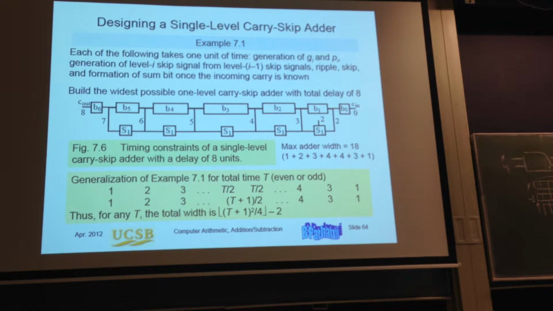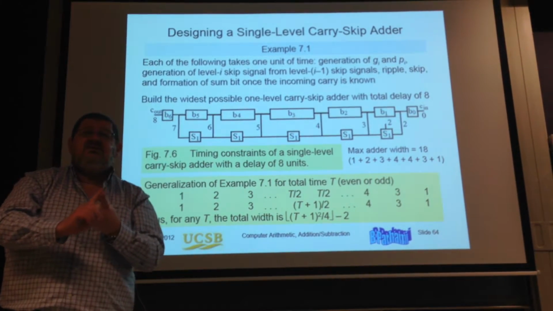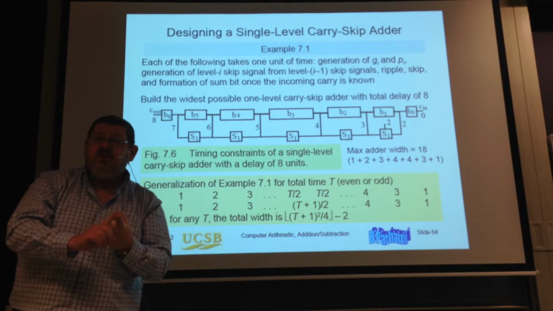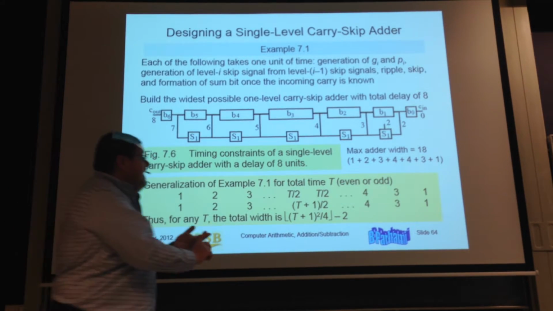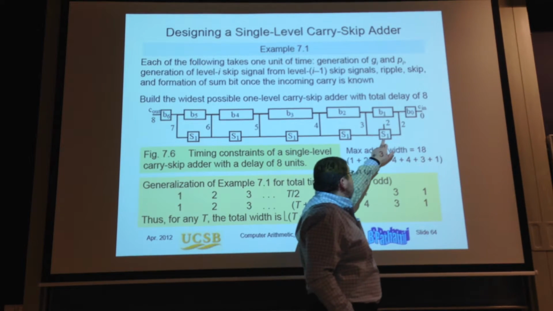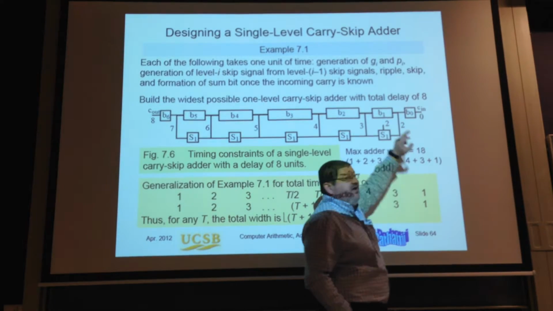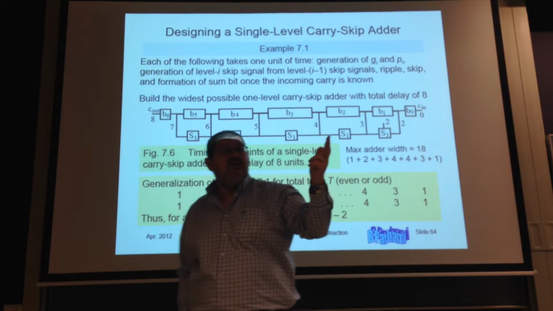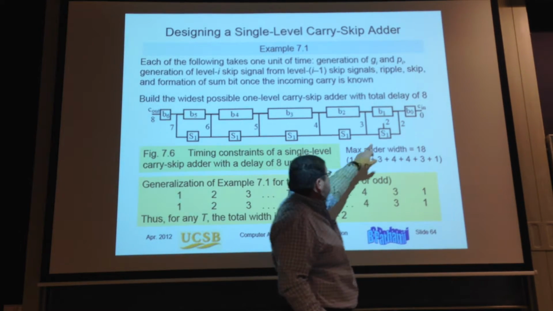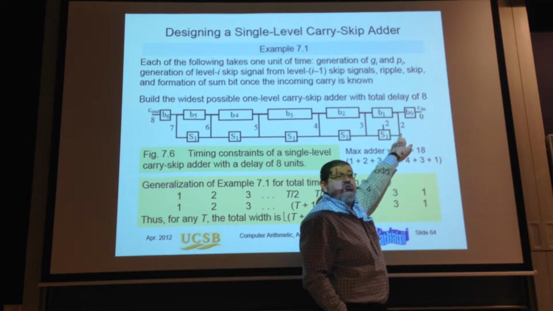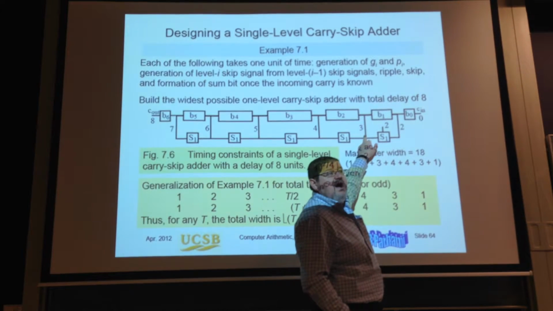Now, I have inputs. Because I have inputs, it will take me 1 moment to compute these for the digits, and 1 moment for the block. Then let's say the selection for this block, which is a skip block, will be available after 2 units. Now, because this is available after 2 units, an eventual carry, which is coming from here, will become available here after 1 more unit.